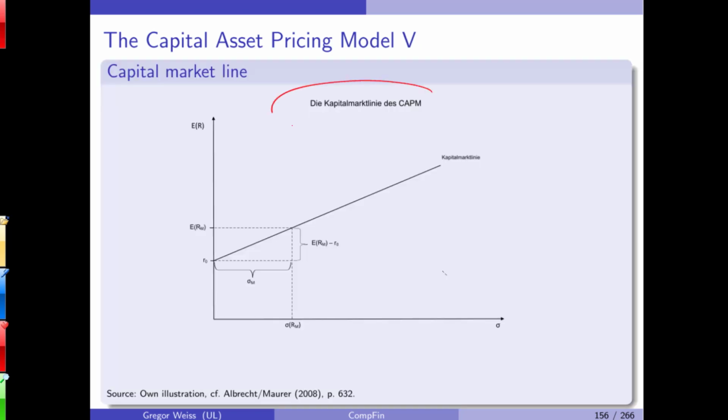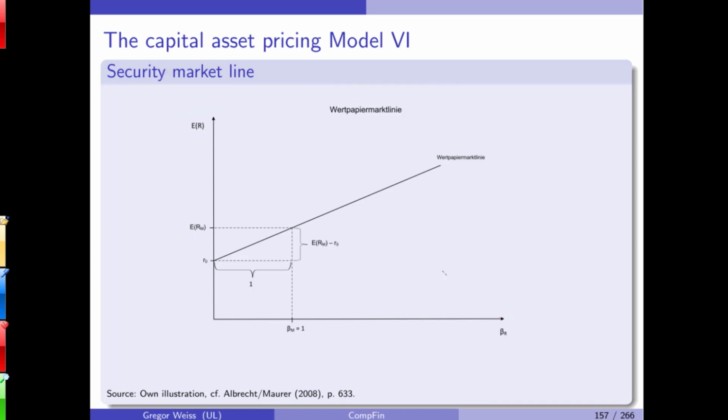So the capital market line here in a mu sigma graph, and the security market line if you draw it up in a beta factor and mu coordinate system.